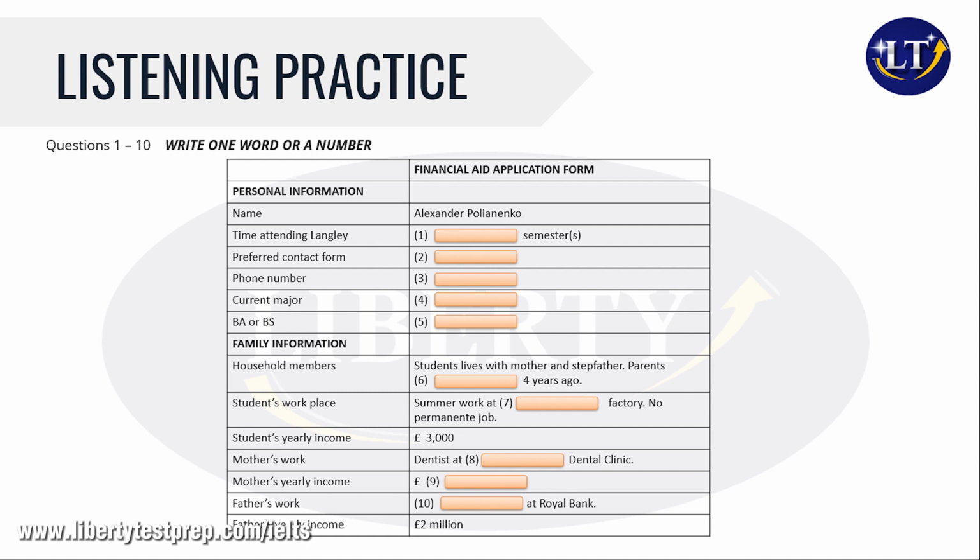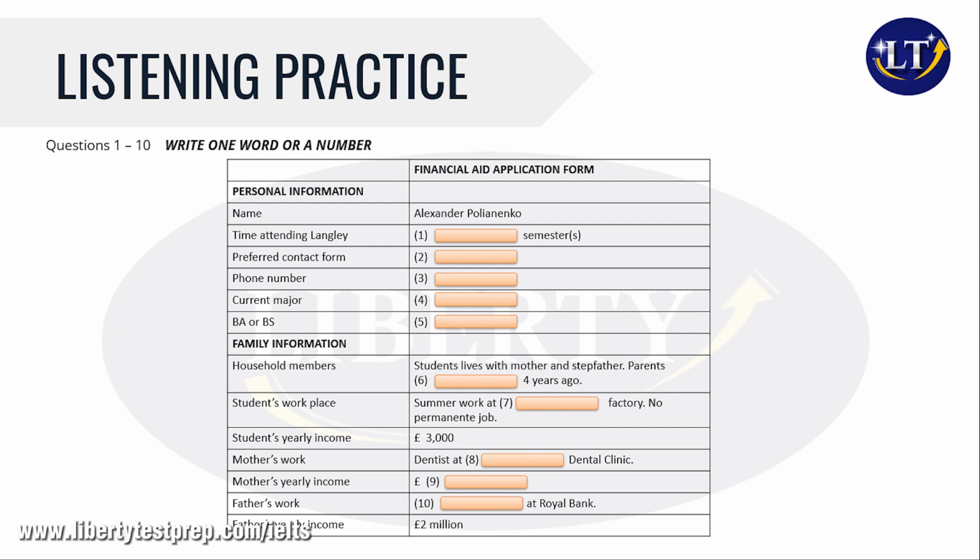And do you currently work? During the summer I worked at a blinds factory. But not anymore. What was your total income last year? That was £3,000. Perfect. And is your mom or your stepfather employed? Yes, both are employed. What does your mother do and where does she work? She's a dentist. She works at Lancashire Dental Clinic.